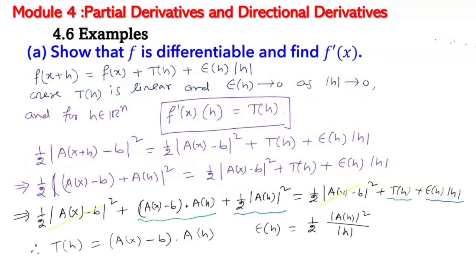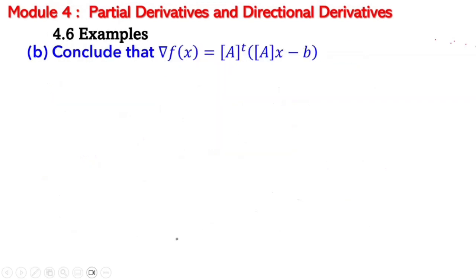So we already saw that this is linear, and this tends to 0 as h tends to 0. This was already shown in a previous lecture, so I'm not going to prove it; we just take that. With this it will be the derivative. Therefore f dash x h is equal to Ax minus b dot Ah.